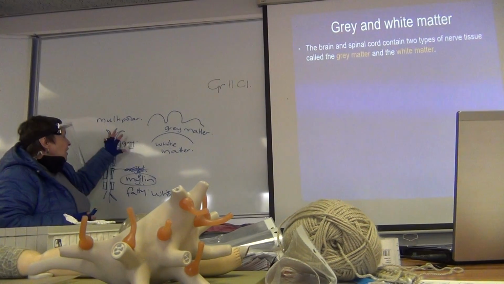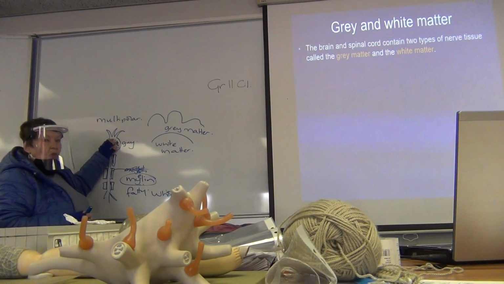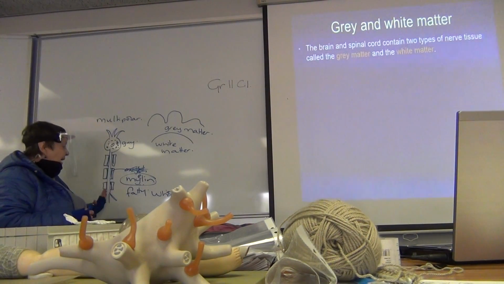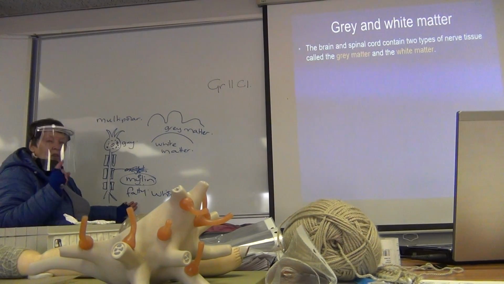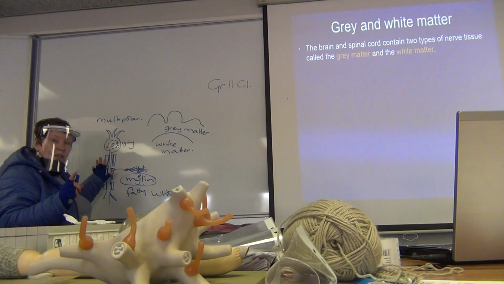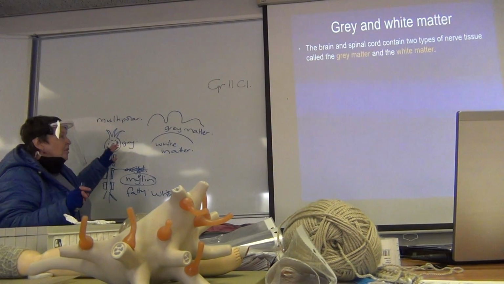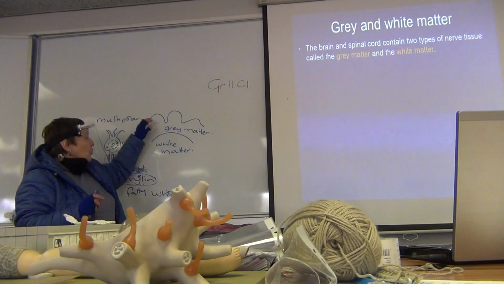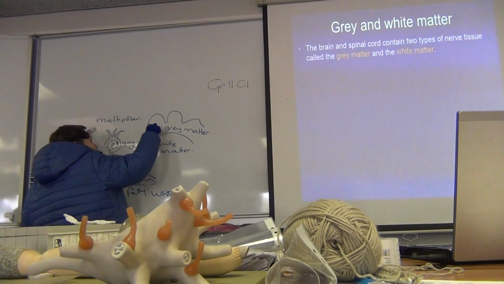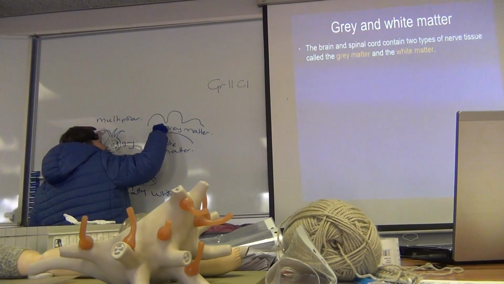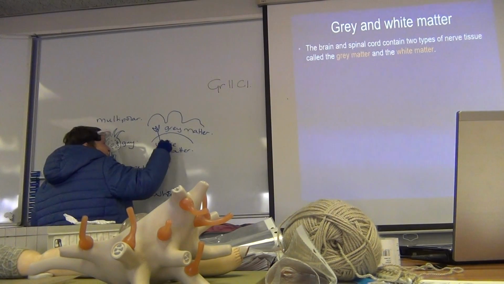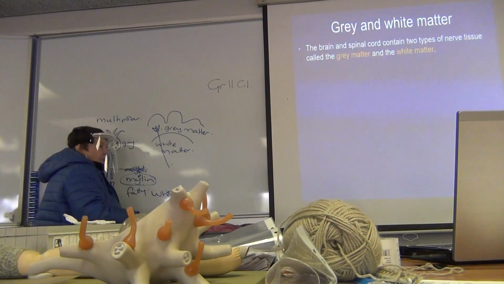The cell bodies are grey because they have granules in them. It's not the axon so much as the myelin sheath that is fatty, and so it's white in appearance. Because the cell bodies are concentrated towards the outside and the axons face down towards the inside, the inside part is white and the outside part is grey.